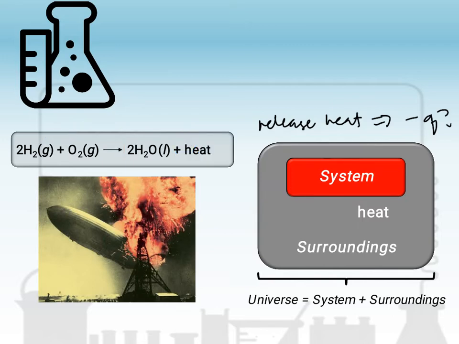Another way of interpreting it is that since heat is on the product side of the equation, heat is a product of the reaction aside from yung ating mga chemical products, which is in this case, water. Etong mga reactions na to, yung mga feels hot reaction na tinatawag.